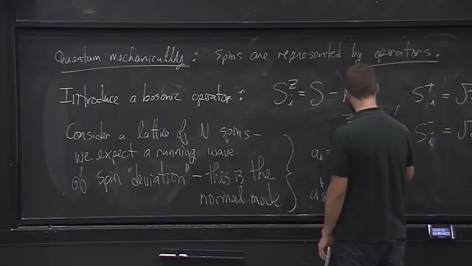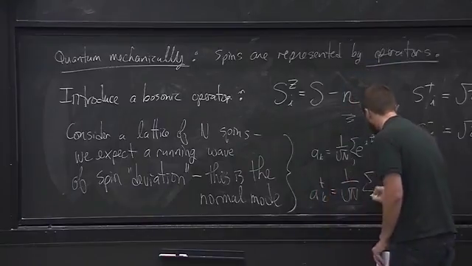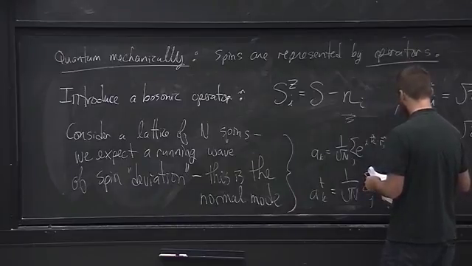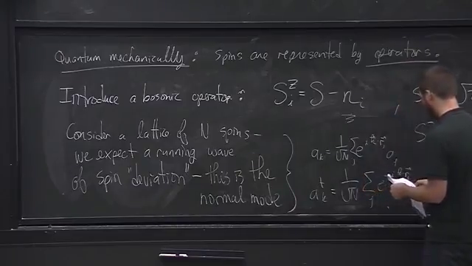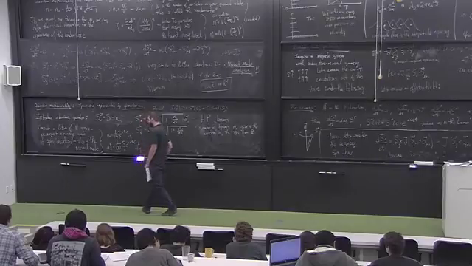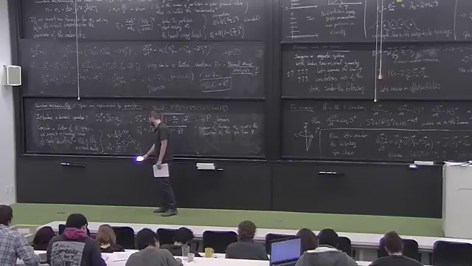Oh, I forgot my sum here. Sum over J, e to the minus i k dot r J. What did I miss? A dagger. Take your Fourier transform.